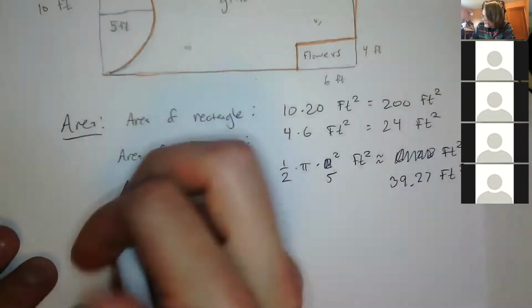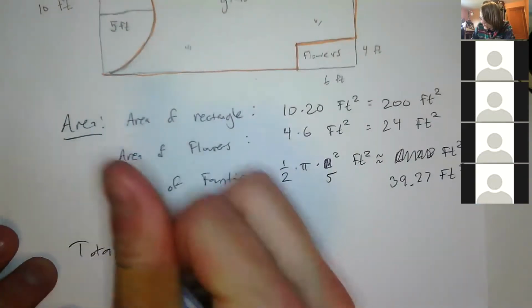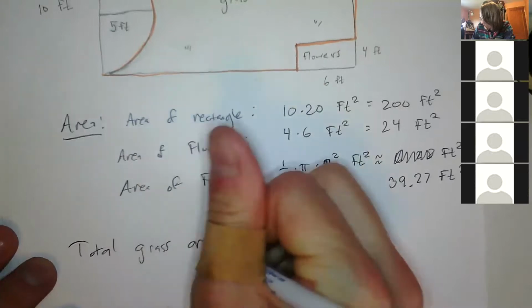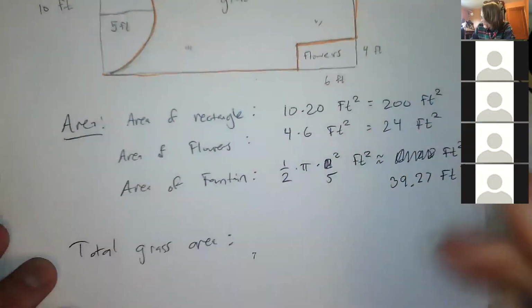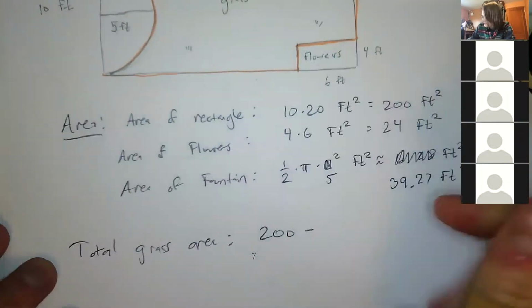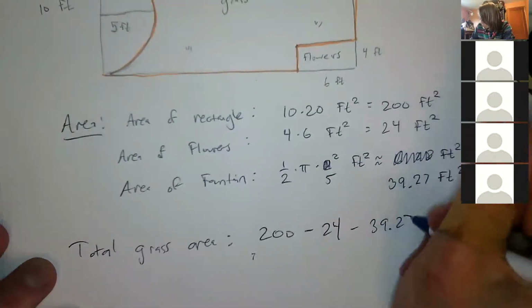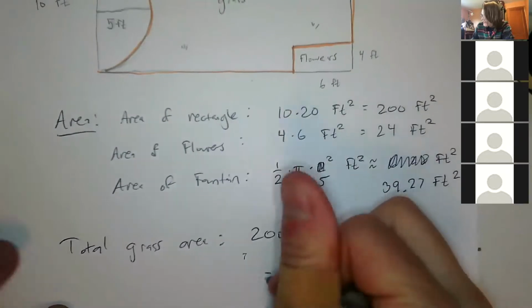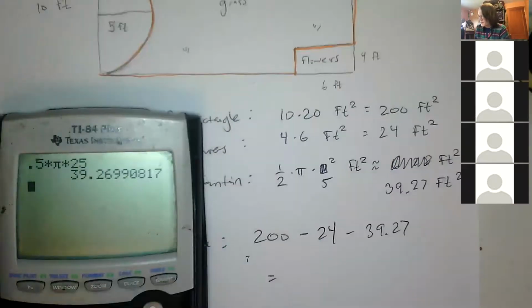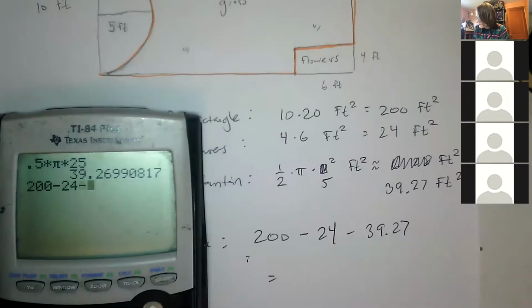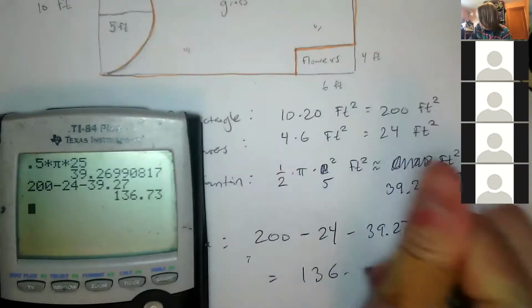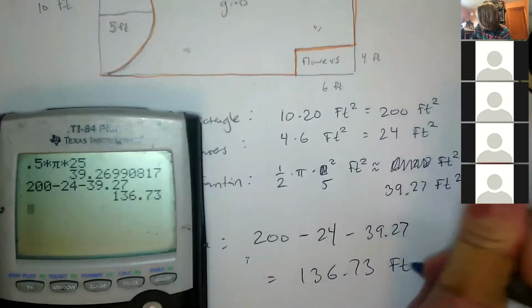So total grass area is going to be 200 minus 24 minus 39.27. And so what is that? That is 136.73 feet squared.